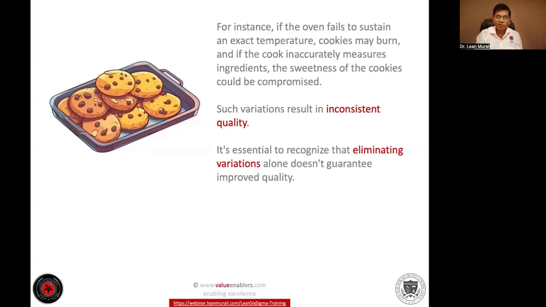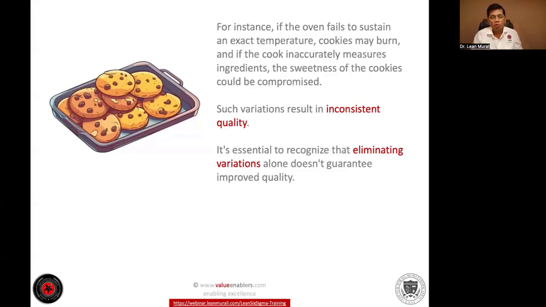Time is a factor, say 5 minutes or 7 minutes. Sugar is a factor, maybe 1 teaspoon or 2 teaspoons. If you have understood factors and levels, type FL understood in the chat box.